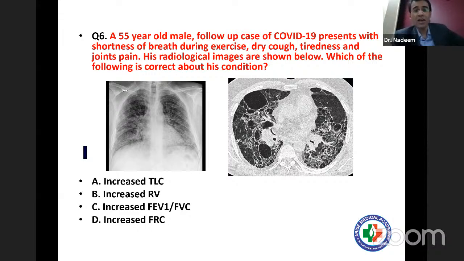So see this case: a 55-year-old male follow-up case of COVID-19 presents with shortness of breath during exercise. He is having dry cough, tiredness and joint pain. His radiological images are shown below. Which of the following is correct about his condition?